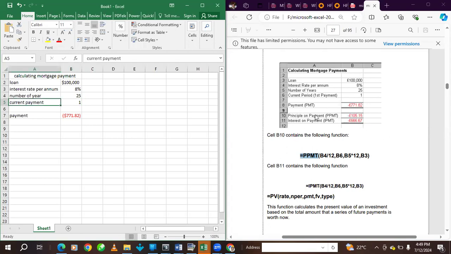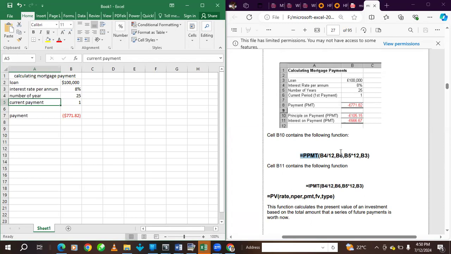So when you want to calculate the principal on payment here, in this case it would be what? Our P4. When you look at P4 here, it was our interest. So we change the interest to per month. We want to calculate the interest per month, which would be P4 divided by 12, the number of months in a year.